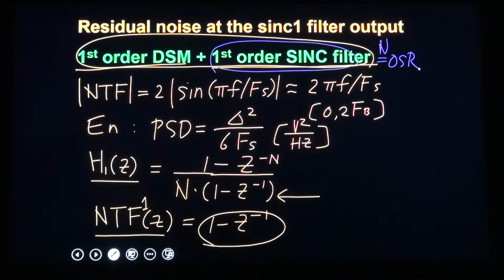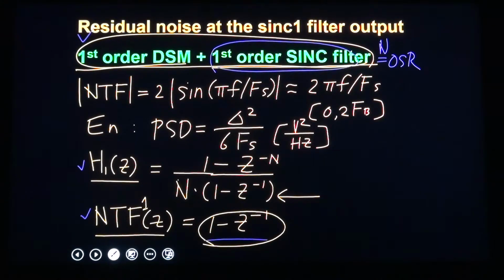This is the transfer function of the first order sinc filter, and this is the noise transfer function of the first order delta sigma modulator, just a derivative. The total transfer function of this entire system, this first order DSM followed by the first order sinc filter, is the multiplication of H1(z) and NTF1(z).